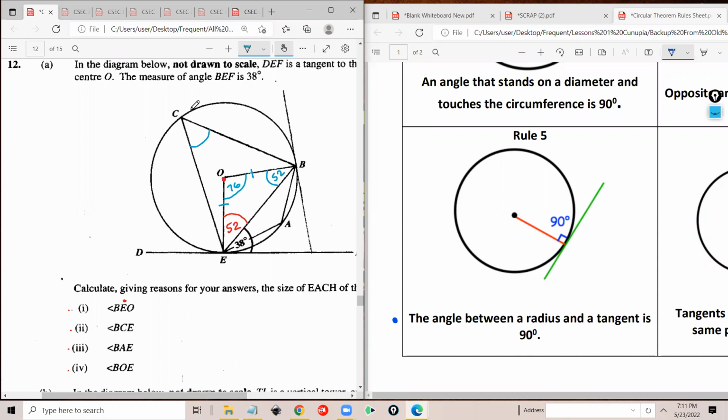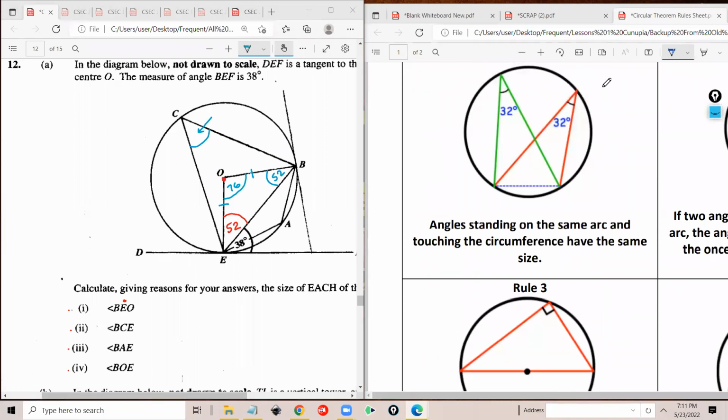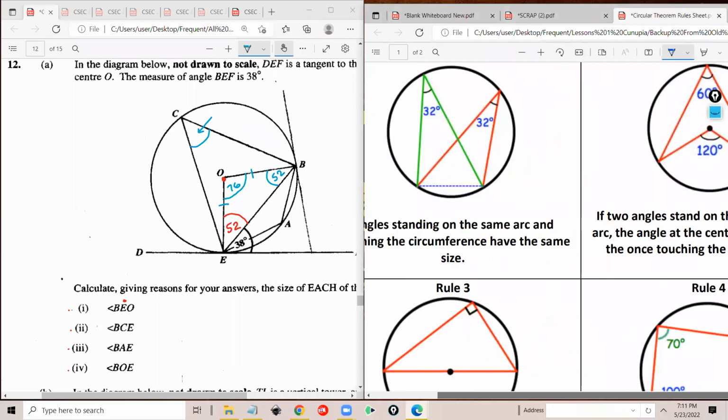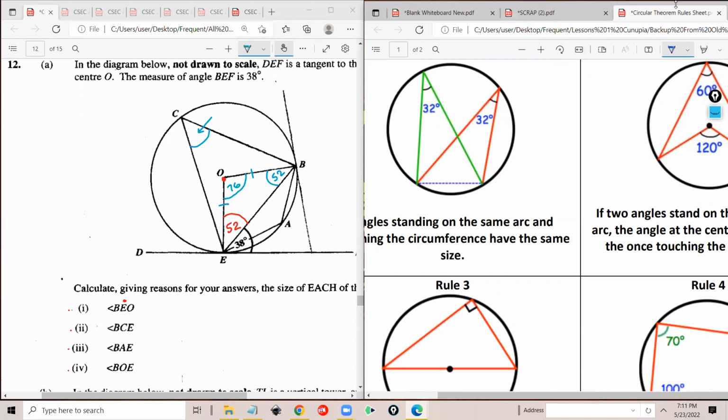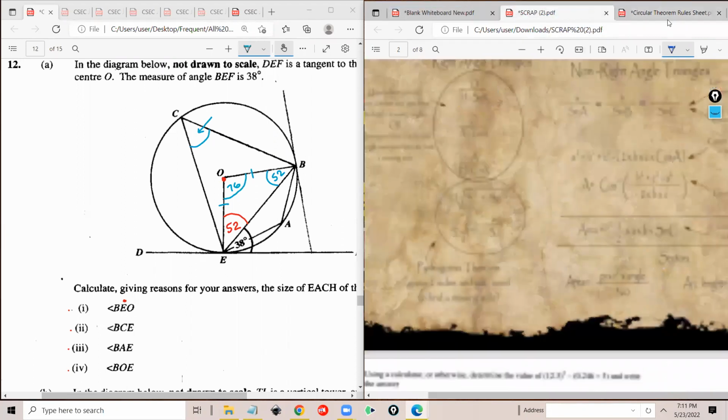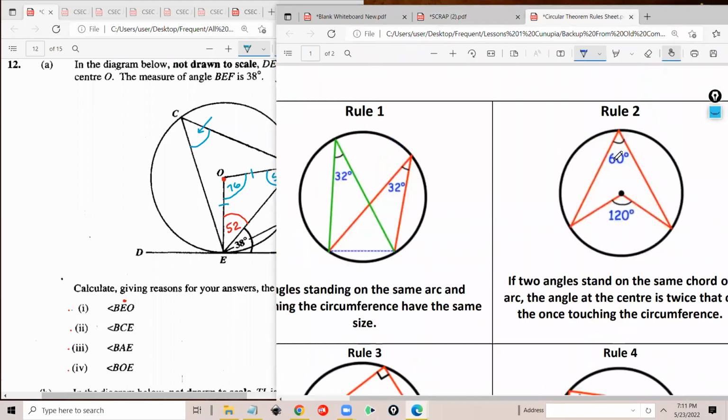But remember, the examiner is asking us for this angle. Let's go back to the rules and see which one we can use. Rule 2.